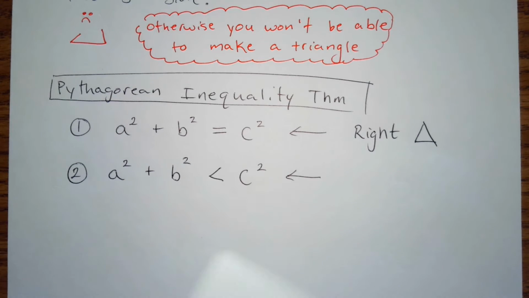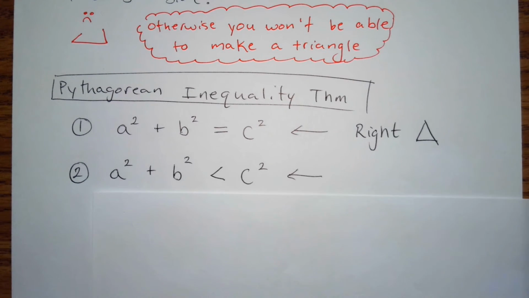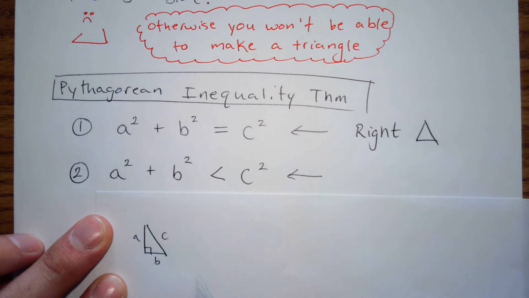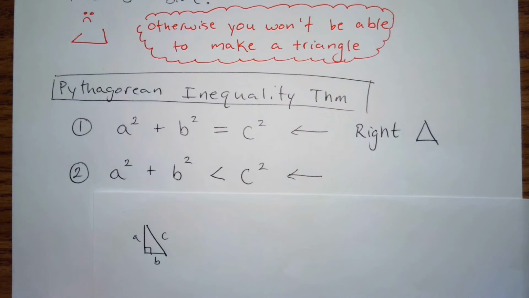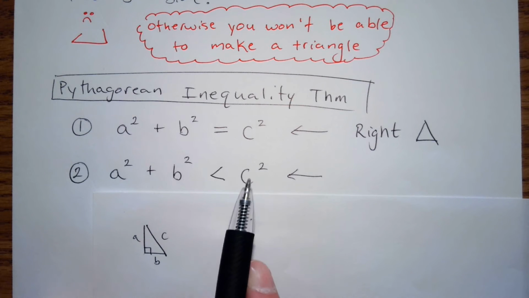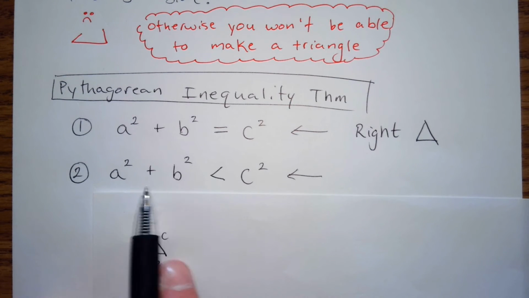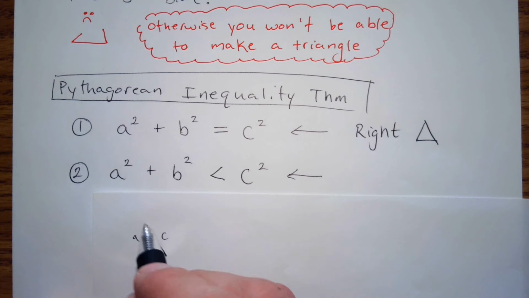You don't have to write this down because this is just a little side note. So if I have a right triangle, could be something like that. If C is bigger than these squares here added together, then that's kind of like this distance would be longer, right?